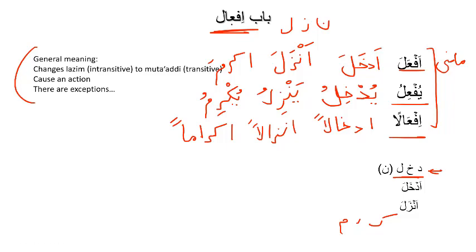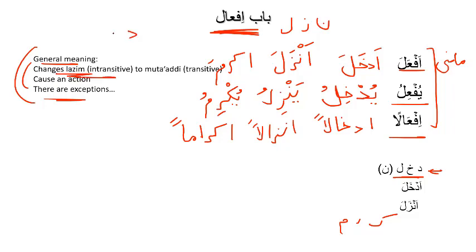Okay, now what in general is the meaning communicated by bab if'al? With bab if'al, generally, and as you've probably realized, these are not 100% hard and fast rules. These are just guidelines, and there will always be exceptions. But the general guideline is that bab if'al changes fe'le lazim, which is intransitive.